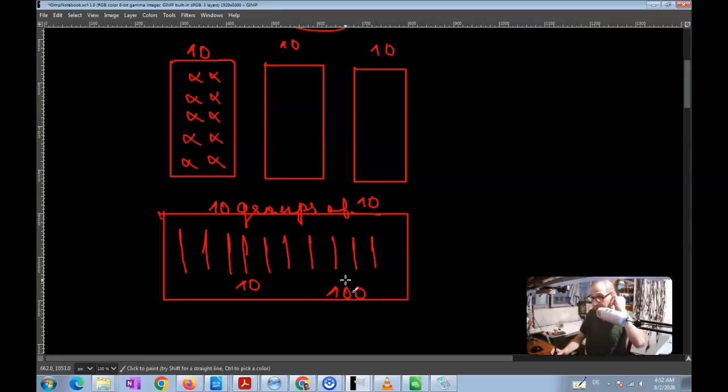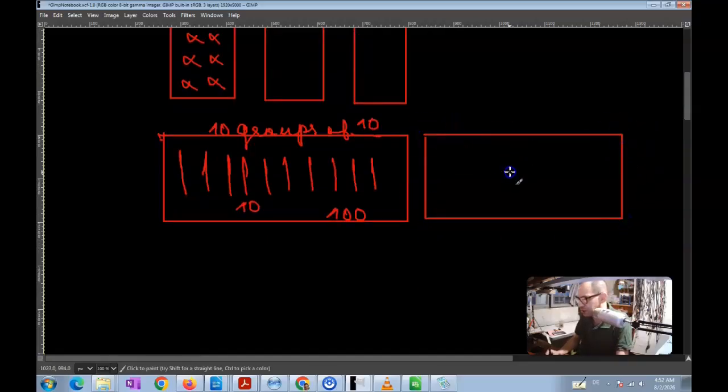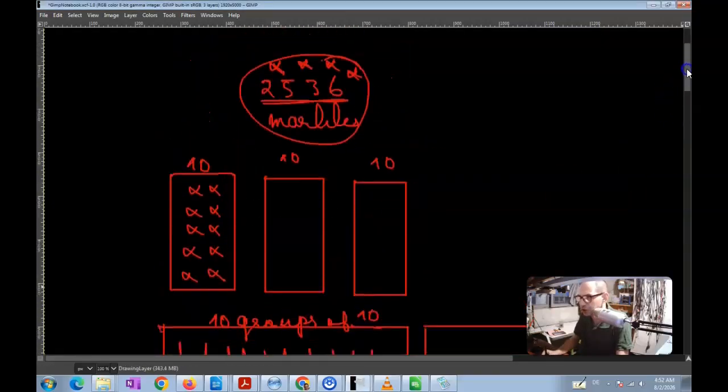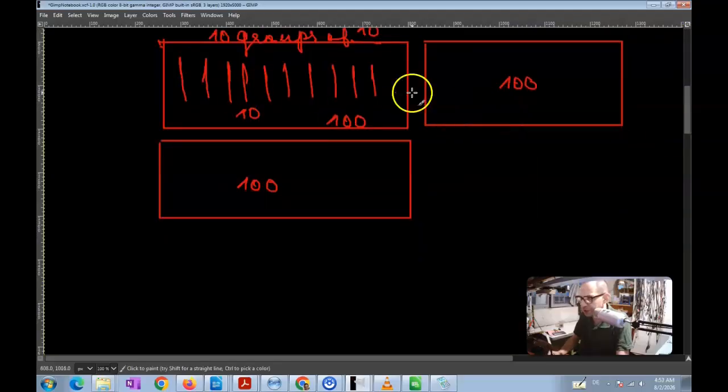And suppose that now I make a couple of these groups of 100. So that's another group of 100, that's another group of 100, and so on and so forth. Now suppose that, since this number, 2,536, meaning the number of marbles, is fairly large, I will come up with many of these groups of 100.